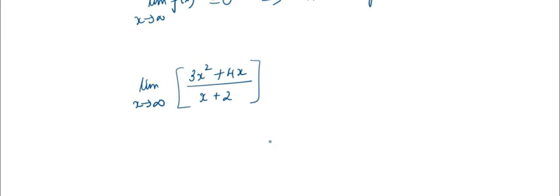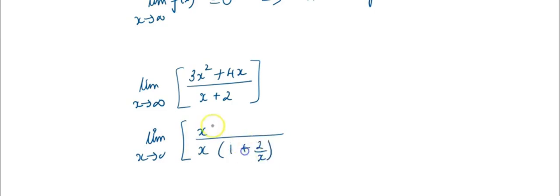So instead, as much as we try, if we stick to the same rule, we have the limit as x approaches infinity. You can pull out an x from there, pull out an x from here. That's going to be 1 plus 2 over x, and that's still going to be 3x plus 4, because the x was pulled out, right?